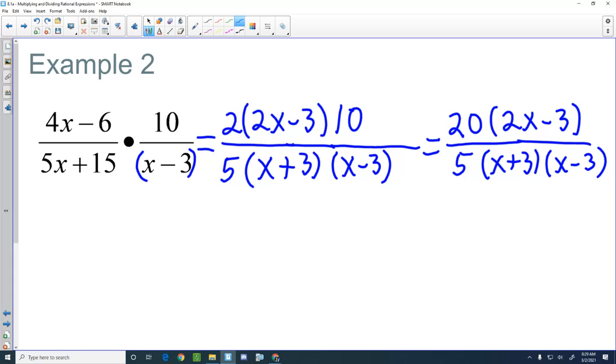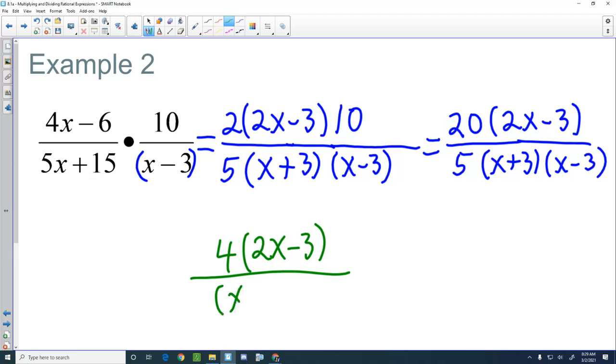So I just grouped all the coefficients together in the front. And now I see 20 over 5. I can divide that out, right? That simplifies. What's 20 divided by 5? It's just a 4. So we're going to write this as 4 times 2x minus 3, divided by x plus 3 times x minus 3.